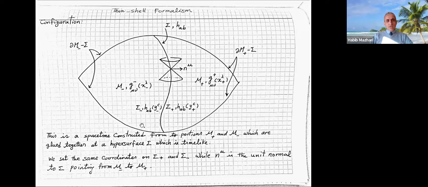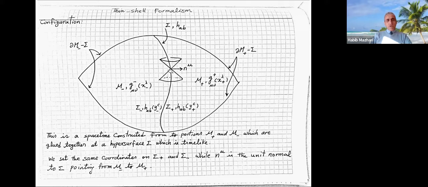So we see the two space-times, or manifolds M minus and M plus, with the boundary here; you can see we have a boundary for M plus and M minus. They are glued on the surface sigma, the shell sigma, which also has two parts: the right part, sigma plus, and the left part, sigma minus.